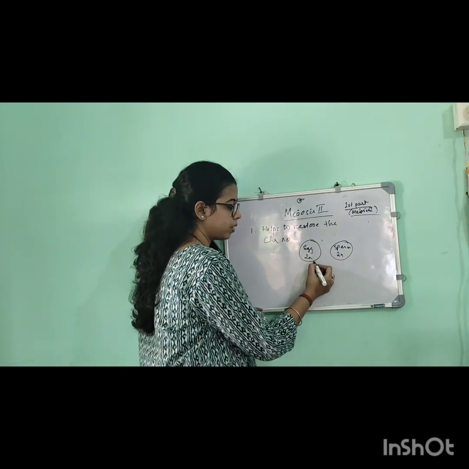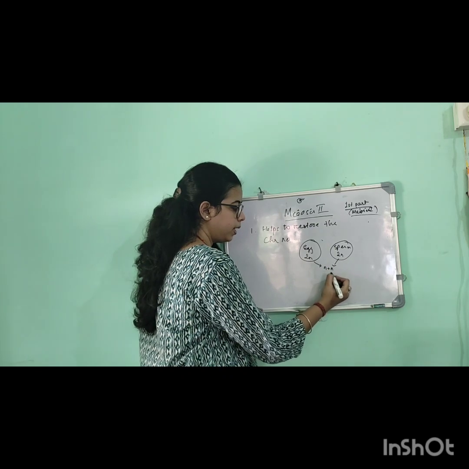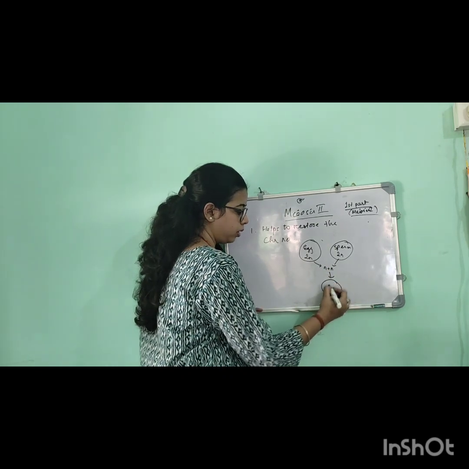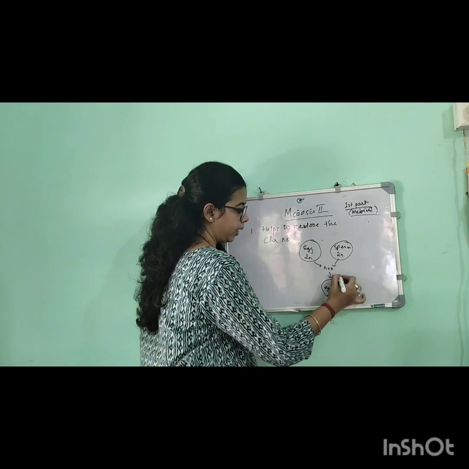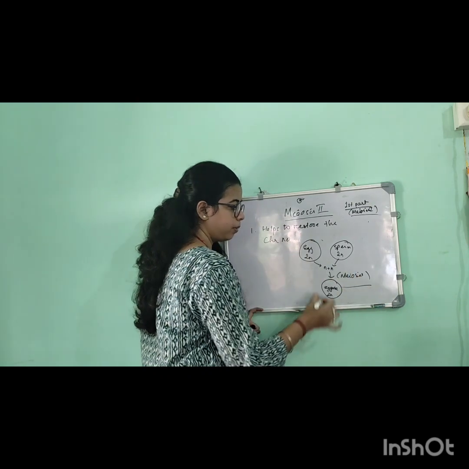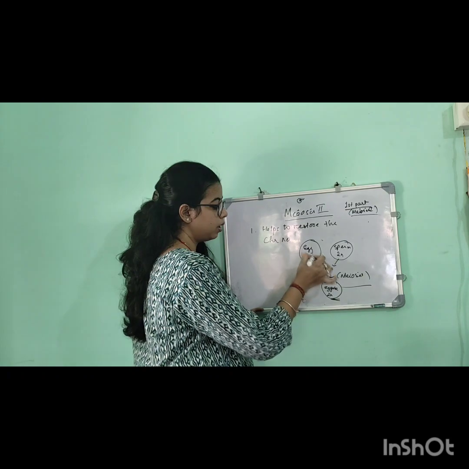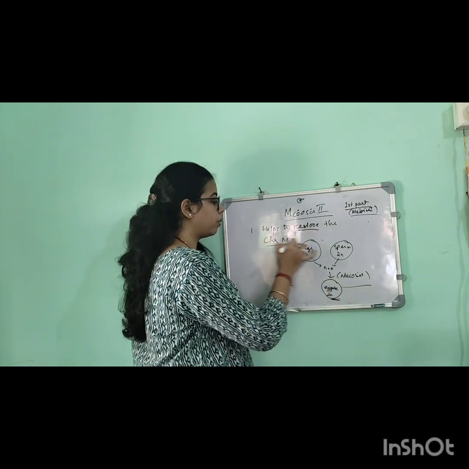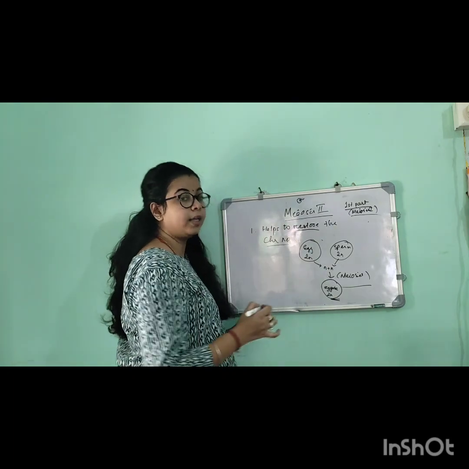But by the end of meiosis, this will donate 1n, this will donate plus 1n. By the end, the zygote will have 2n. That is, by the process of meiosis only this gamete formation occurs. So this helps to restore the chromosome number. Okay, 2n means the diploid number will be restored back.